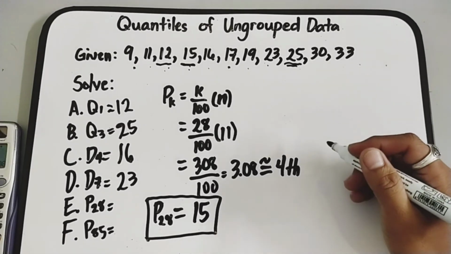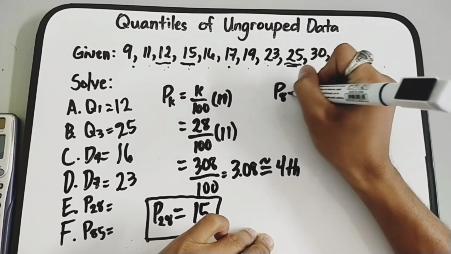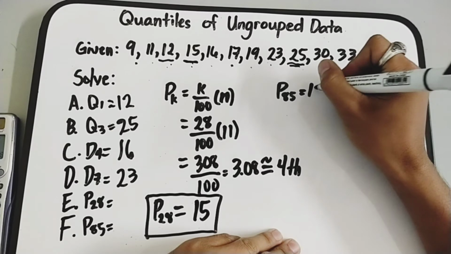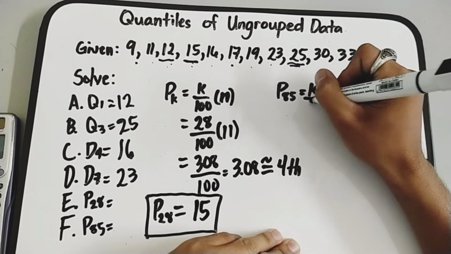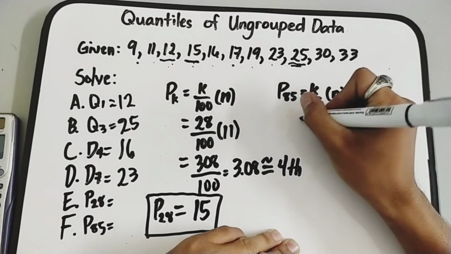How about percentile 85? Okay? Percentile 85 is equals to K over 100 times N, which is number of samples.